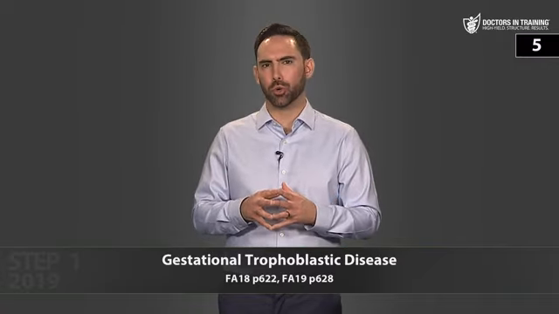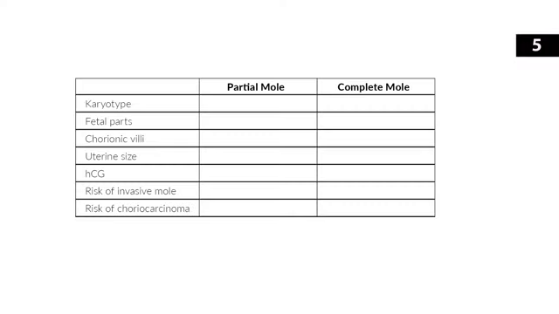Partial moles occur when 2 sperm fertilize 1 egg, so there's an extra set of chromosomes. The karyotype is 69XXX, XXY, or XYY. And then complete moles result from 1 sperm fertilizing an empty egg and then duplicating its chromosomes, or from 2 sperm fertilizing an empty egg.